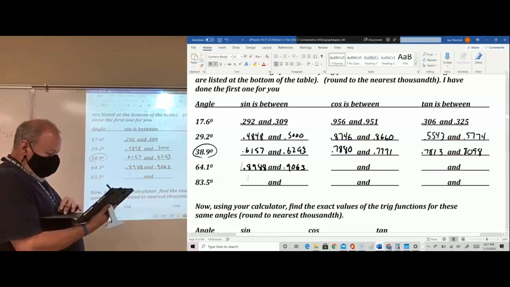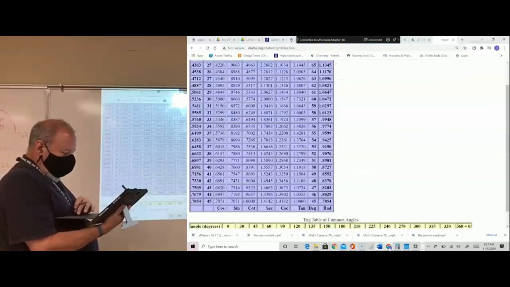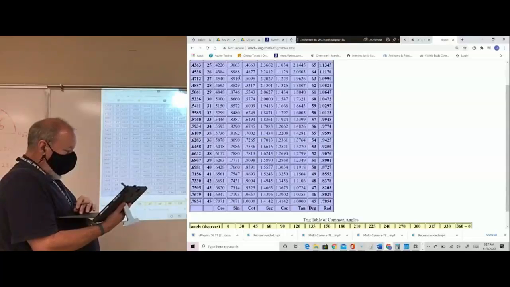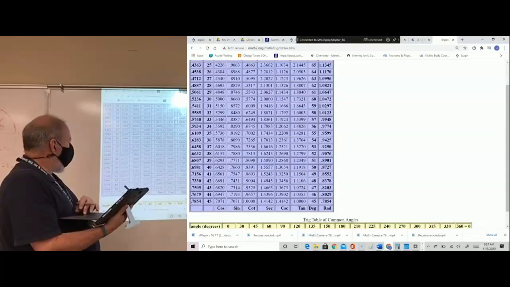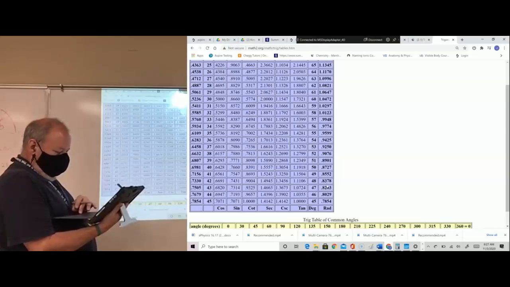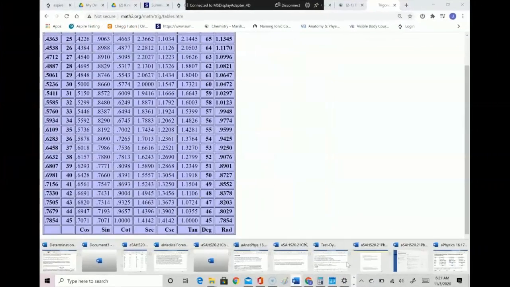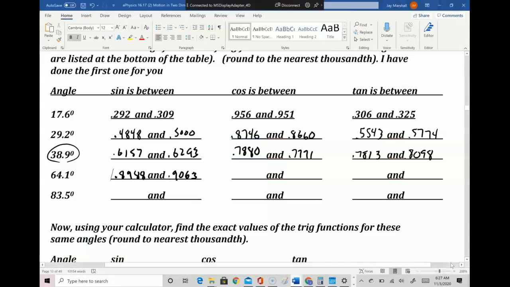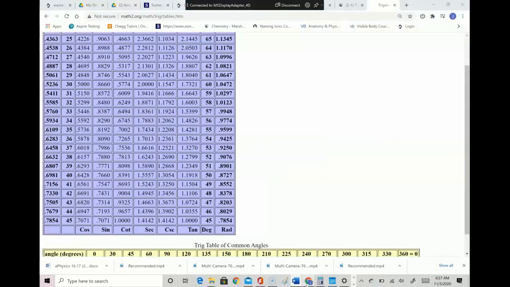And then for the cosine, here's the value down to the cosine. I got to go up here, and it's between 0.4384 and 0.4226.